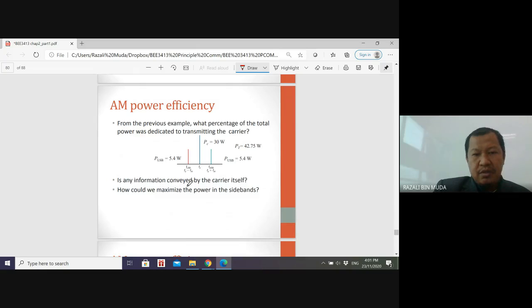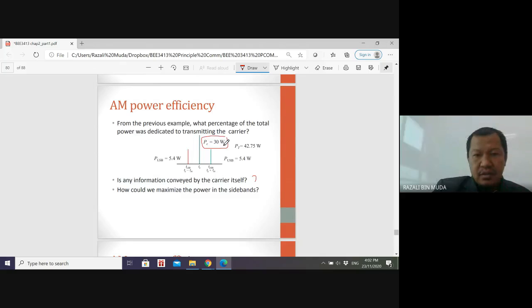Is any information conveyed by the carrier itself? So, is the information carried by the carrier? No. How could we maximize the power in the sideband? The problem is there is no information in the carrier, but it carries a large amount of power. So this is like a waste, not efficient.